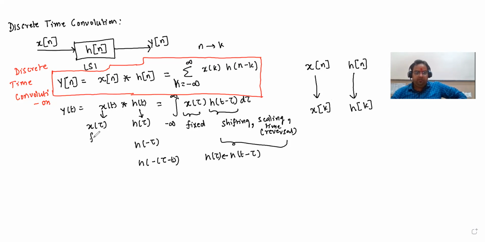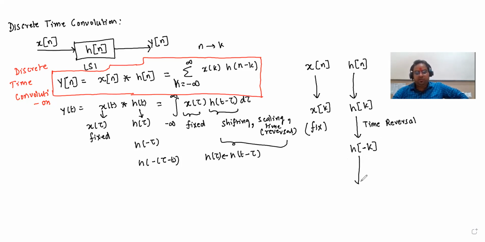And then, we had fixed one signal in the continuous time, so here also we will fix it. And then we perform the time reversal. When we perform time reversal, this becomes h of minus k.